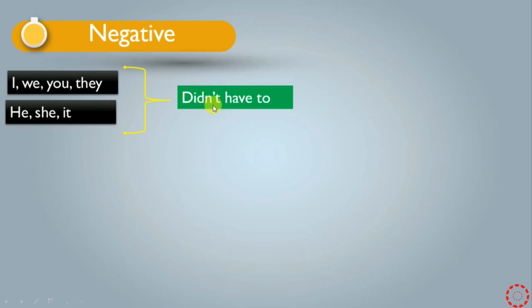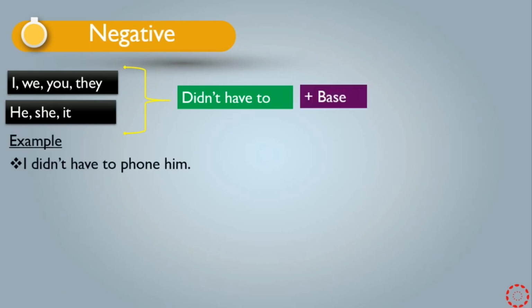And also because we have didn't, had to changes to have to, because we said if we have did or didn't, the verb should be in base form. So didn't have to, not didn't had to, okay, so be careful about that. And also followed by base.